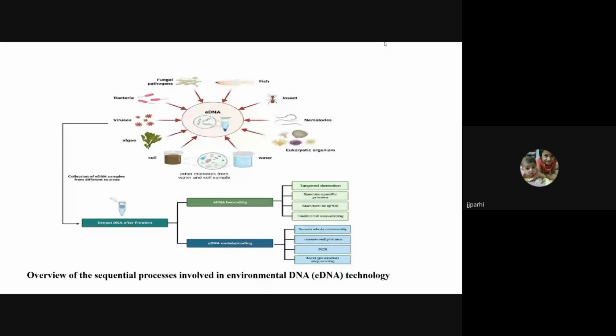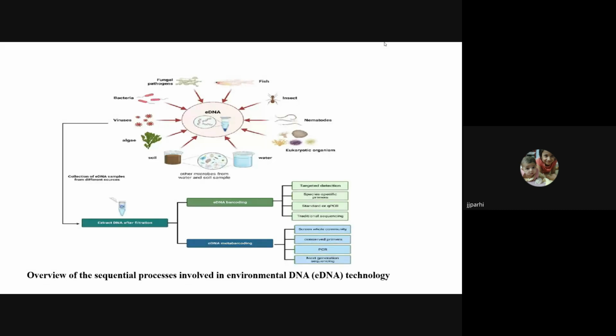So in an overview, eDNA is not the exact organism, rather it is the cells shed by feces, or hair, or urine, whatever. It is coming from different organs, maybe of a eukaryotic organism, fish, or insect, or bacteria, or virus, whatever.